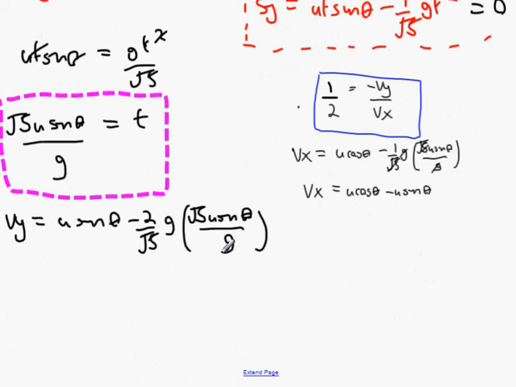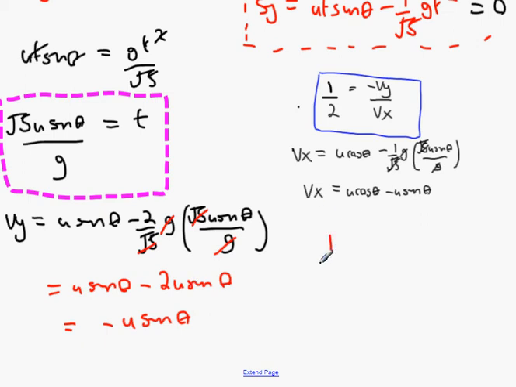The g's will cancel, the root 5's will cancel, and you're going to get u sine theta minus 2u sine theta, which will get me minus u sine theta. Okay.